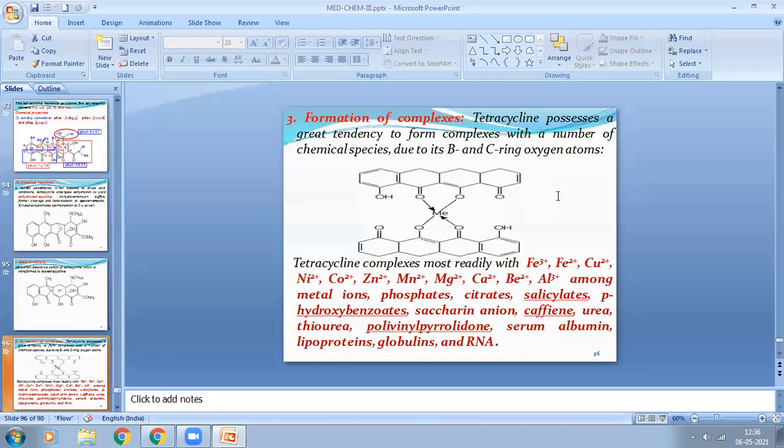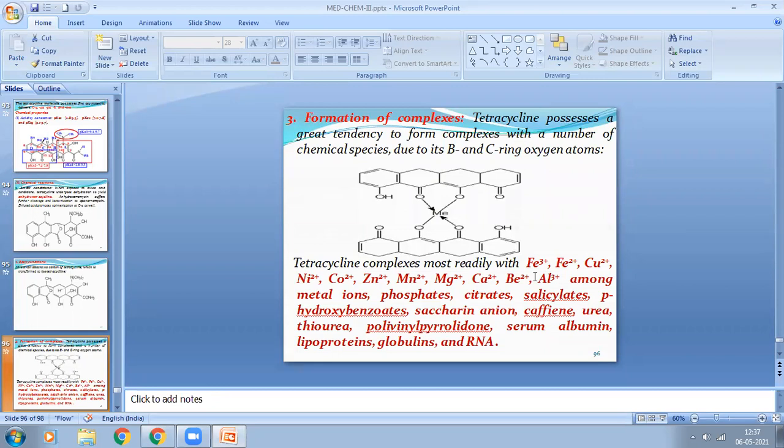See here, what are the chemical species that form the complex? Tetracycline complexes most readily with iron, either ferric or ferrous, cuprous, nickel, cobalt, zinc, manganese, magnesium, calcium, beryllium, aluminium. All of these metals can form the complex with the tetracycline.